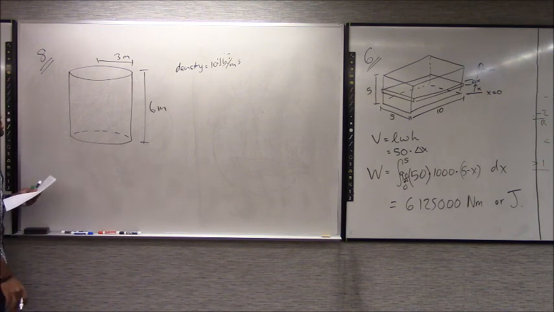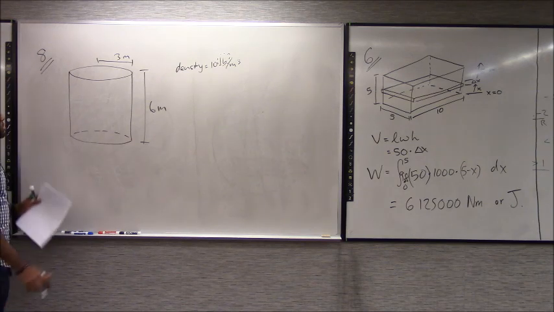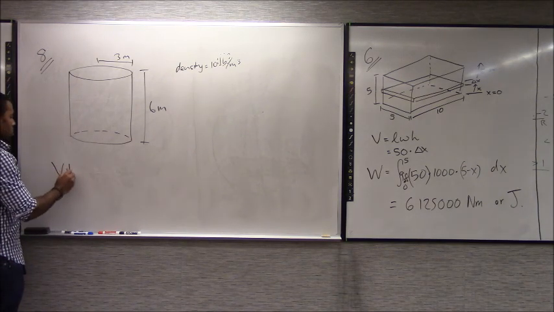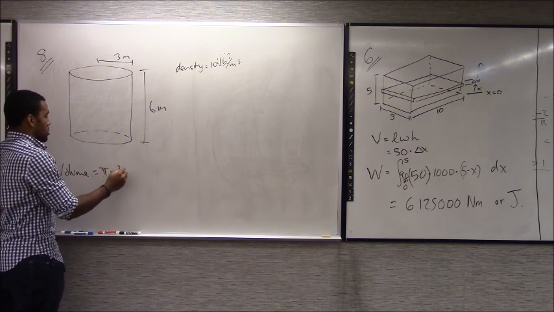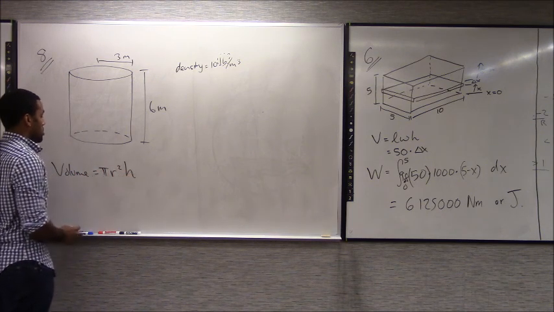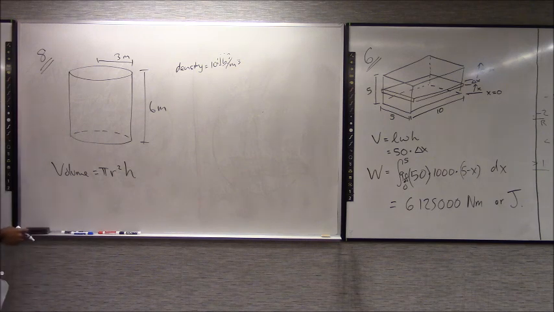Okay? Alright, so now we did volume is equal to pi r squared times the height. And we got the volume of what? The volume of the cylinder. Should it be the whole thing? Should it just be half of it then? Would it be pi times 3 squared times 3?